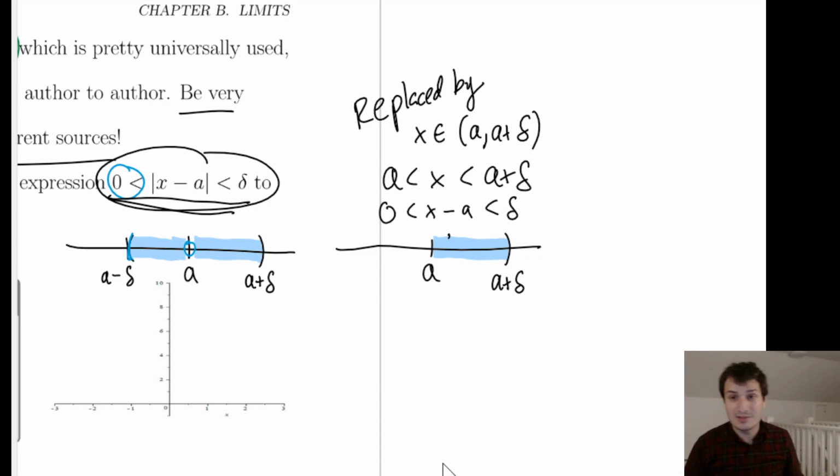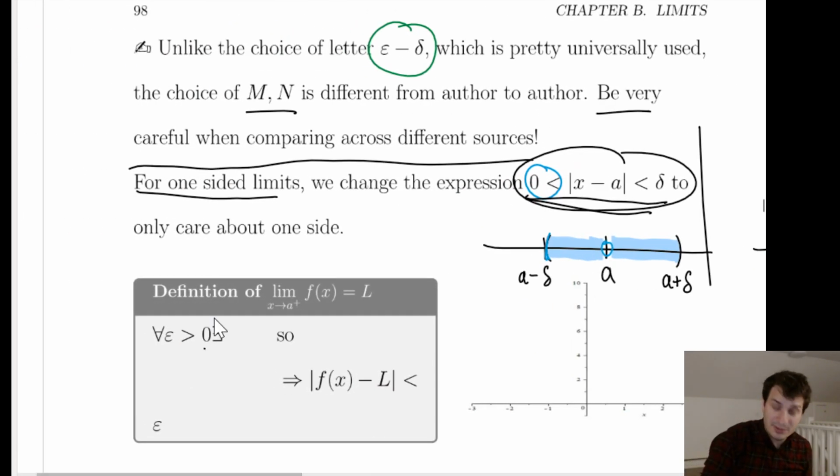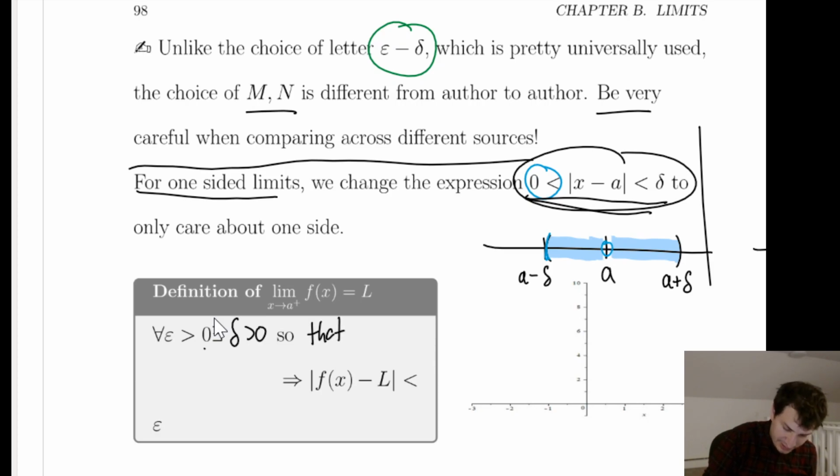All these three things represent the same thing, and they represent this right interval, where x is close to a, within delta, but also a little bigger. So to get the epsilon-delta definition, we take the regular epsilon-delta definition and replace part of it with this. So let's see what that looks like. For all epsilon greater than 0, there exists delta greater than 0, so that, here you would normally write the thing with the absolute values.